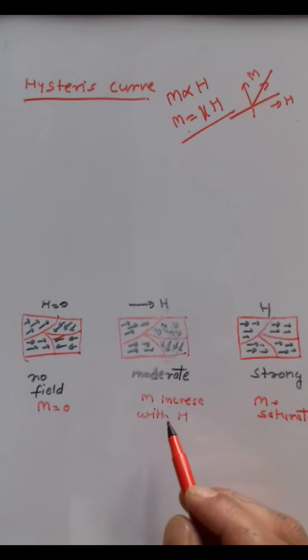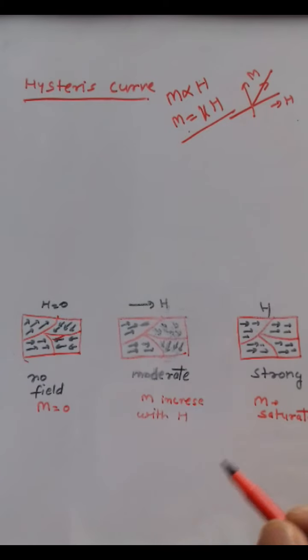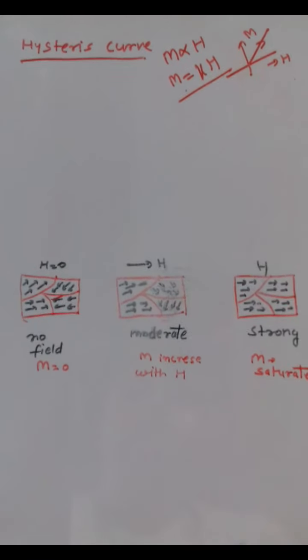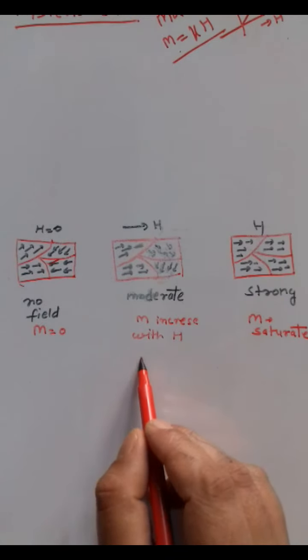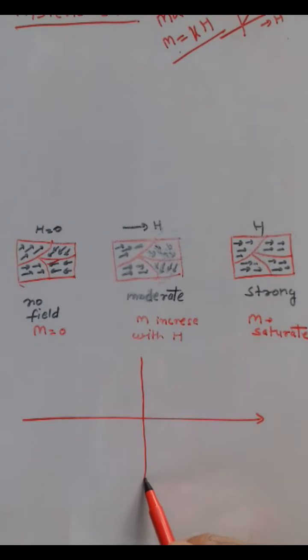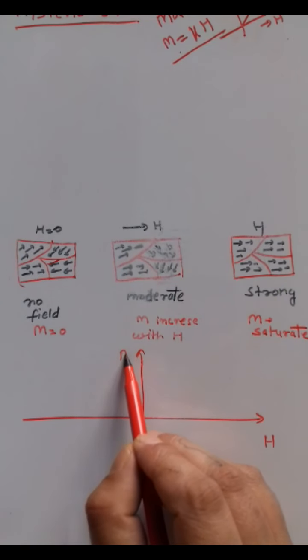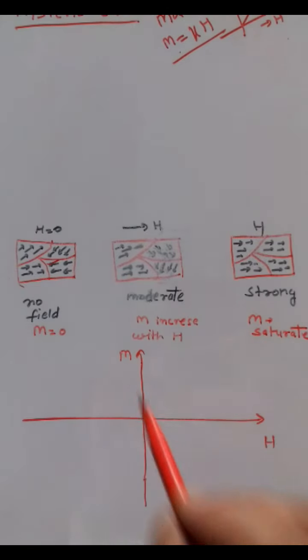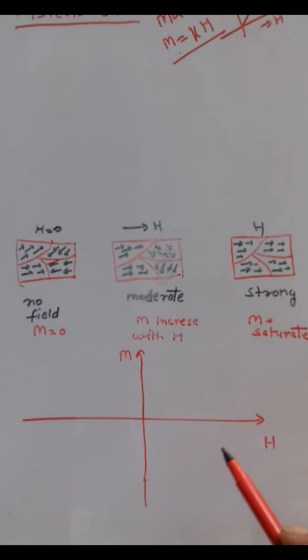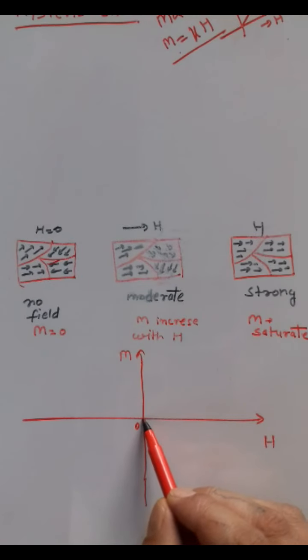So let us study the effect of external field on these domains. Now to study this, let us have two axes. Here we have denoted applied external field, and here we have denoted the magnetization M, which is generated inside the ferromagnetic material. So at this point O, the external field is 0.